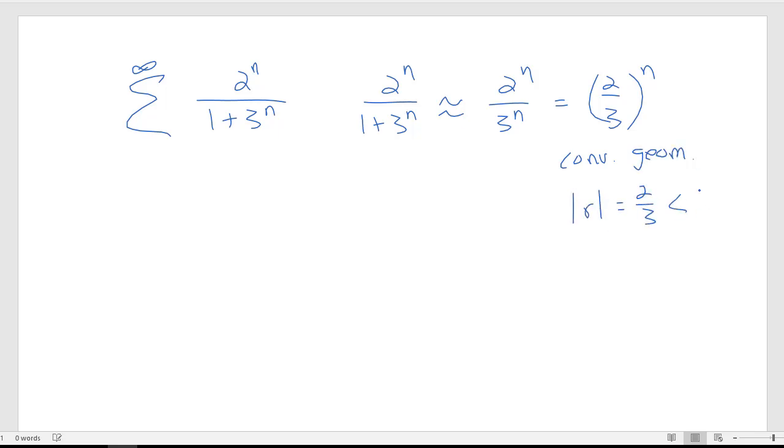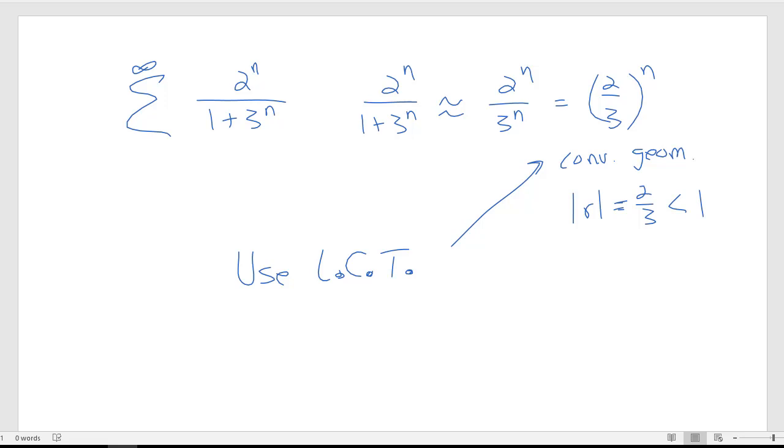But this series isn't exactly geometric. So because it behaves like a geometric, I'm going to end up using the limit comparison test, and I'm going to compare to that convergent geometric series.